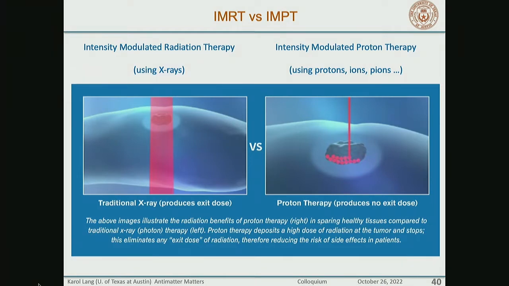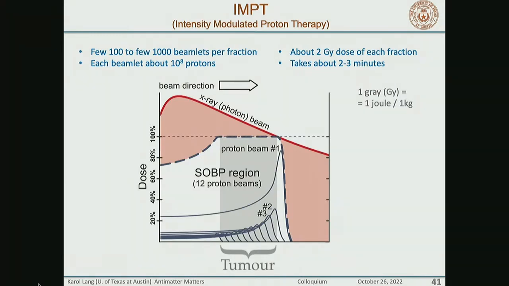You can spare a lot of damage to many types of tissues, and use so-called beamlets, tiny amounts of protons that deposit the energy in a way that you spray according to the 3D image of the tumor into the body. Ultimately there are a few hundred to a few thousand beamlets, and those beamlets constitute about 2 gray of dose per fraction.